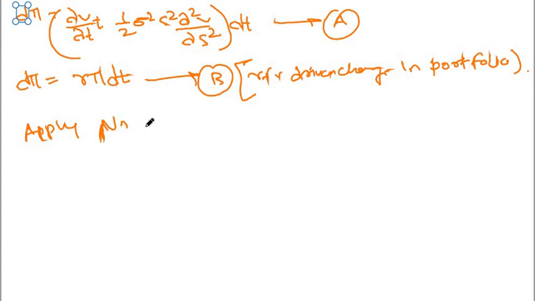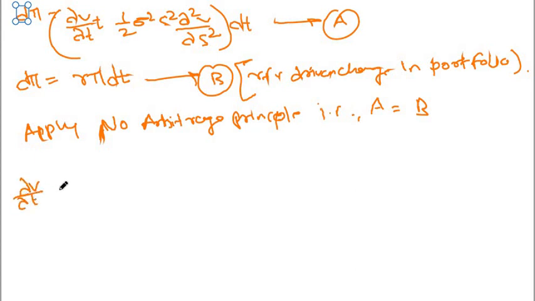Now apply the no arbitrage principle. That is, A equals B, and what you would get finally is delta V by delta T plus half of sigma square S square delta square V upon delta S square.